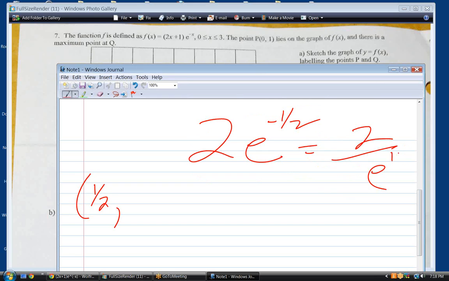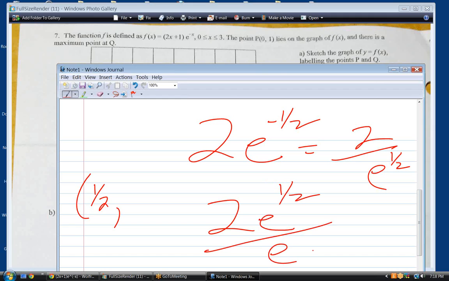So I could do it like this. Do you think they'd be okay with that? No. You know what? They might want to rationalize that, since it actually has an irrational denominator. We could get rid of it by multiplying by e to the 1/2 over e to the 1/2. So actually the best answer is probably that, because that is a fraction.